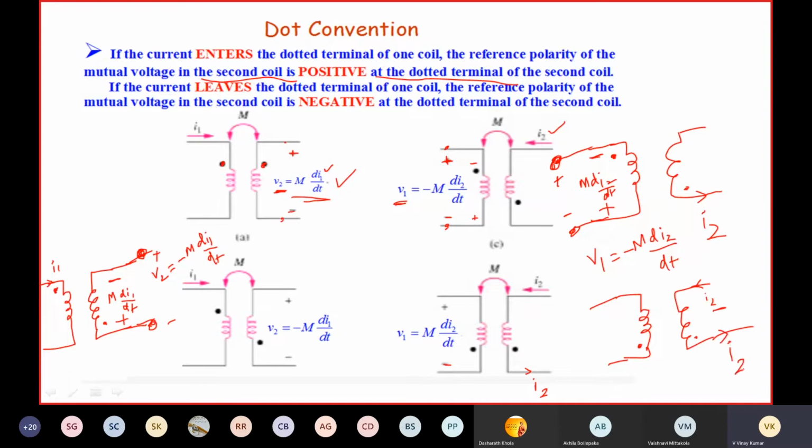If I2 is leaving, the induced EMF voltage will be negative at the dotted terminal, and this will be plus. The induced voltage will be M di2 by dt. Anyhow, you're going to collect voltage at this point with respect to this point, so V1 is equal to M di2 by dt only.